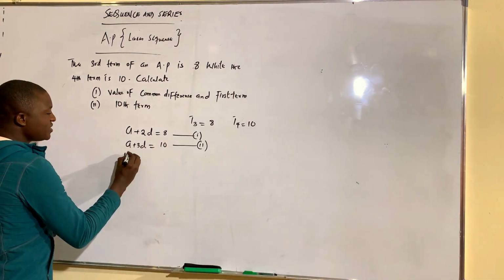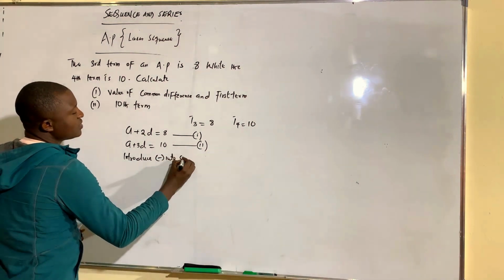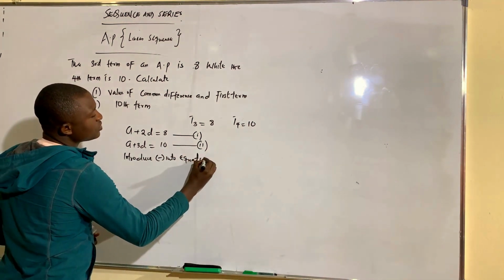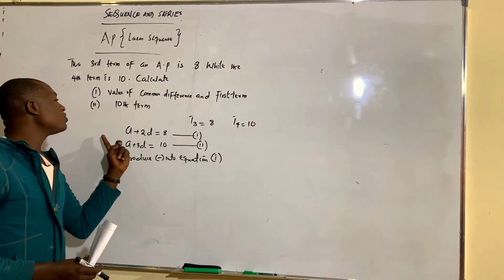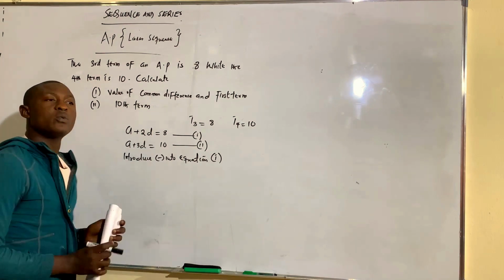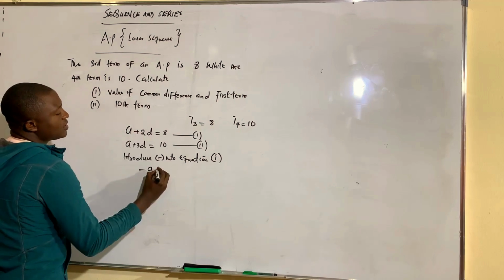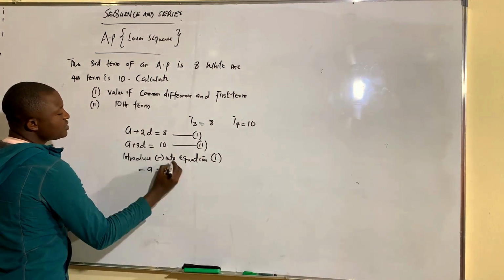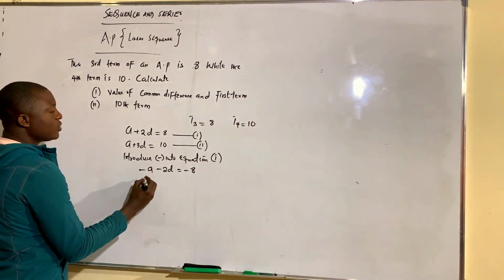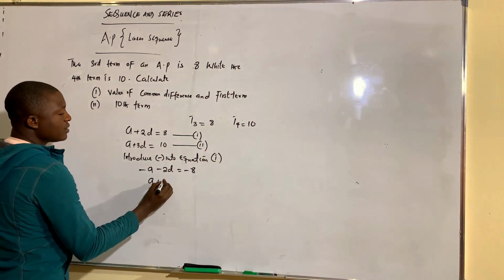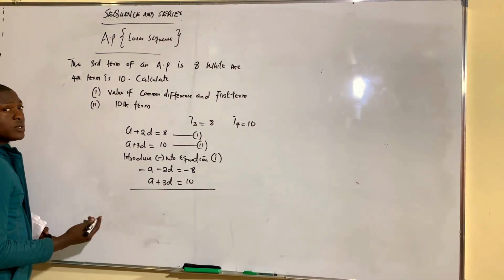Let's say we introduce a minus into equation 1, meaning I will use minus to multiply all the values in equation 1. So minus times A gives us minus A, then minus 2D, then minus 8. The second one we didn't introduce a minus to, so we have A plus 3D equal to 10. We just add them together since we are using the elimination method.